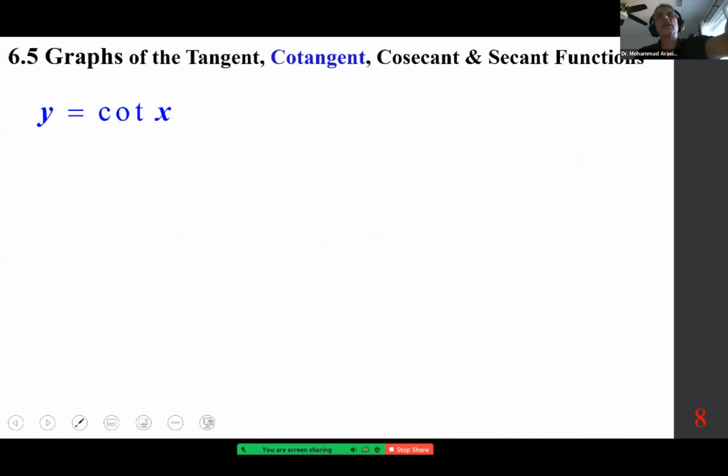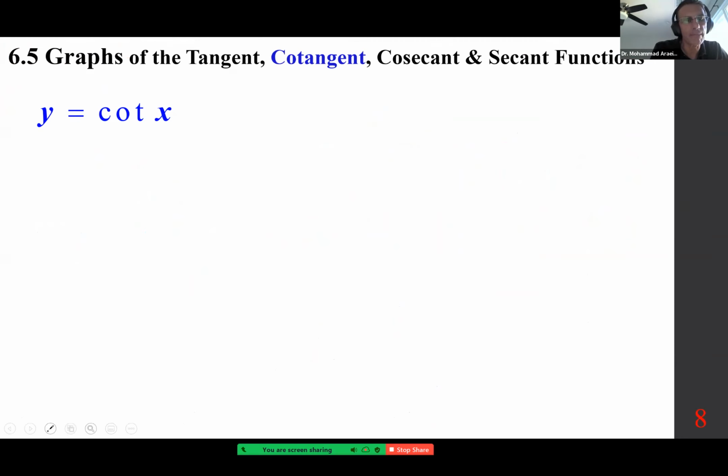All right, let's look at cotangent x. And cotangent x, again, loosely put, tangent looks like that, which is y equals x cubed. Cotangent looks like this, which is y equals negative x cubed. And one complete period is from 0 to pi.